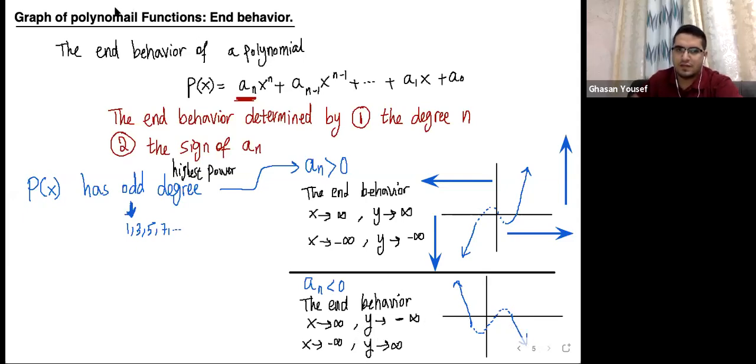As we see here, when x becomes larger and larger, goes to infinity, the y value becomes smaller and smaller, goes down. Look, the function goes down.